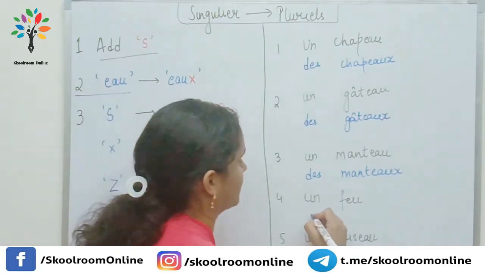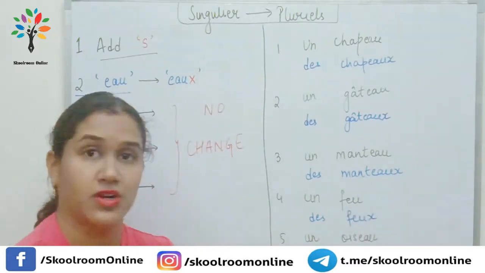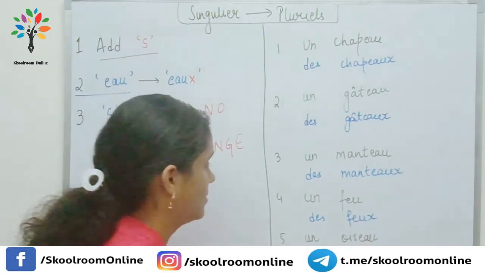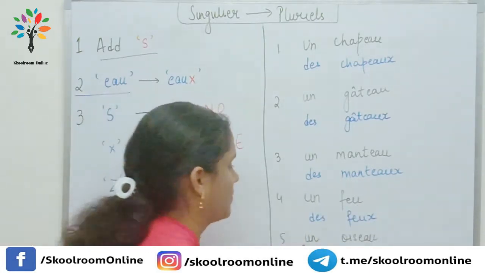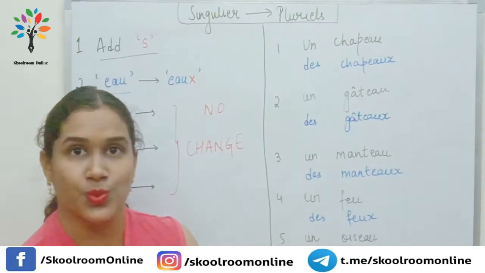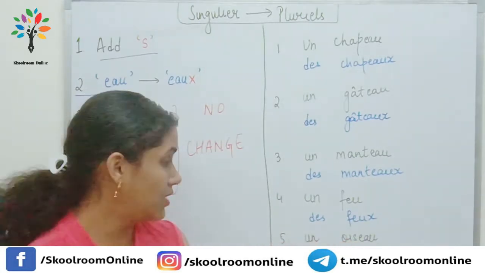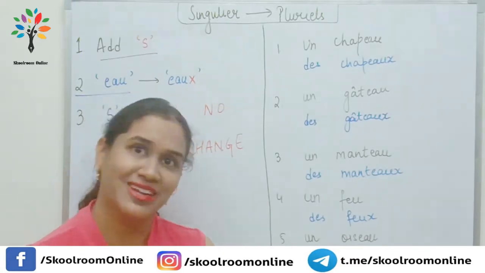Similarly, des feux. A fire, some fires. An oiseau, des oiseaux. A bird, some birds. Clear?